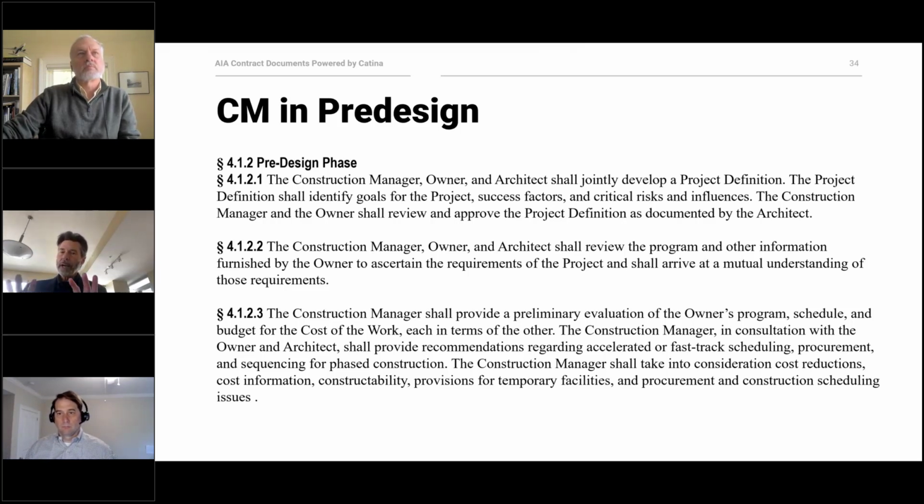So there's an opportunity early on for having a dialogue between the parties as to fundamental delivery approaches, as to getting this project delivered in the most economical and efficient ways possible.